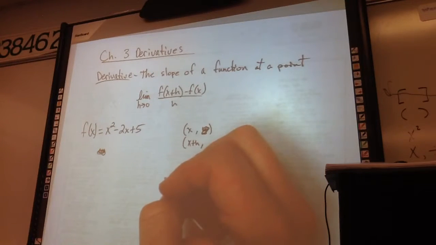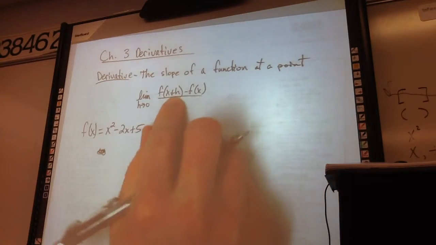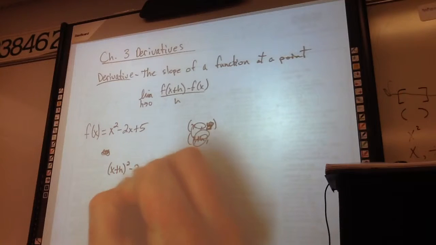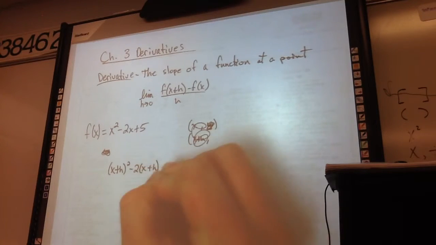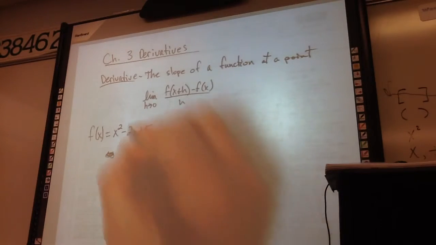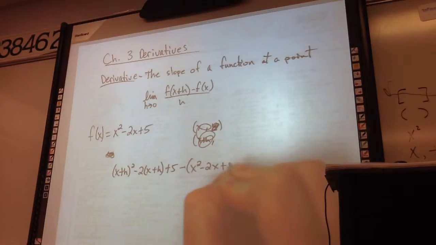You know what I mean? So if we were to do this, f of x plus h would be x plus h squared minus 2 times x plus h plus 5, minus the original. Notice I put parentheses.